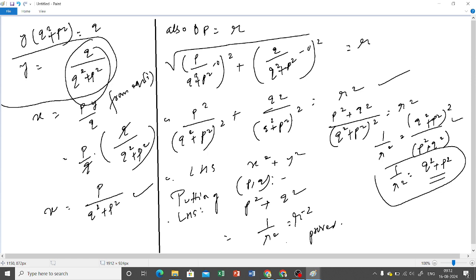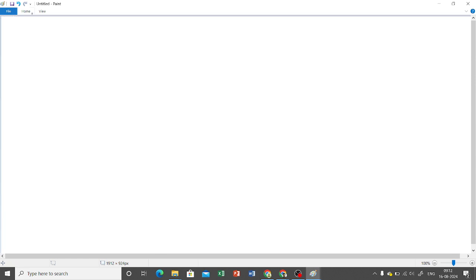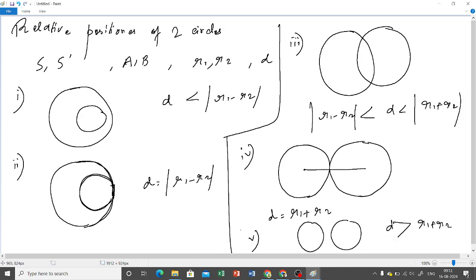Now next part. If two circles intersect, in this case, what is the equation of this common chord? So this is a common chord. How will you get that?